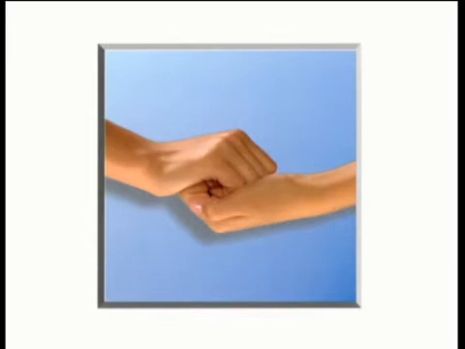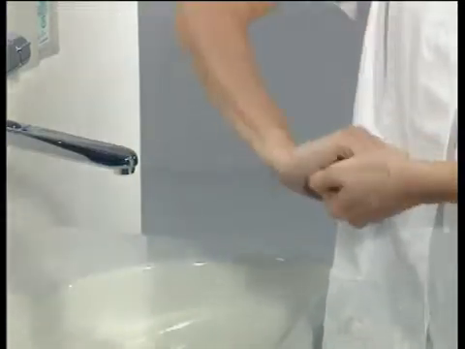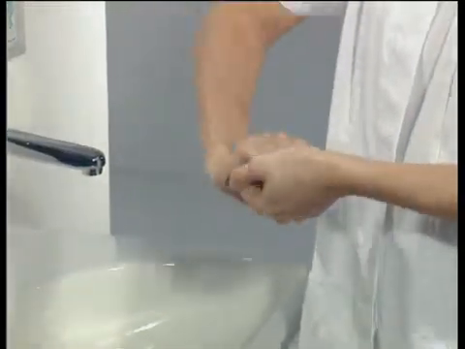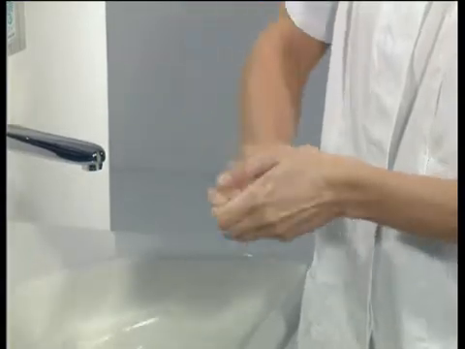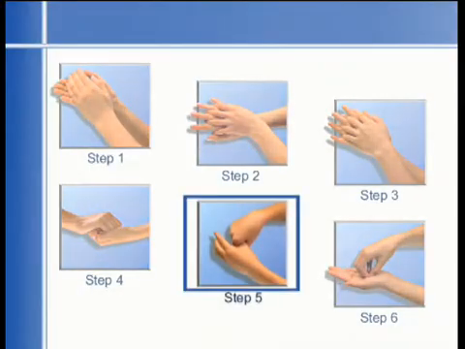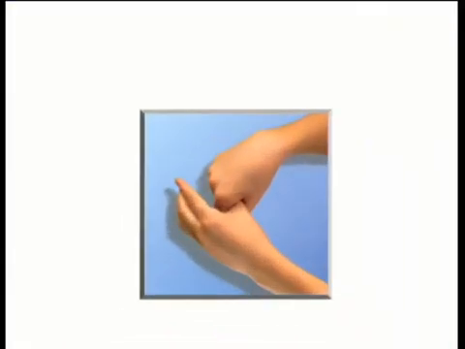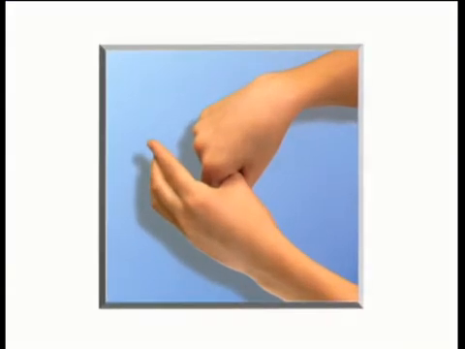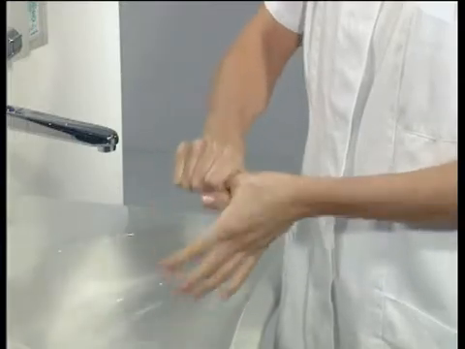After this, interlock the fingers so that the fingers of one hand rub the opposing palm and vice versa. Grasp a thumb in the palm of the opposite hand and rub thoroughly with a rotating motion.